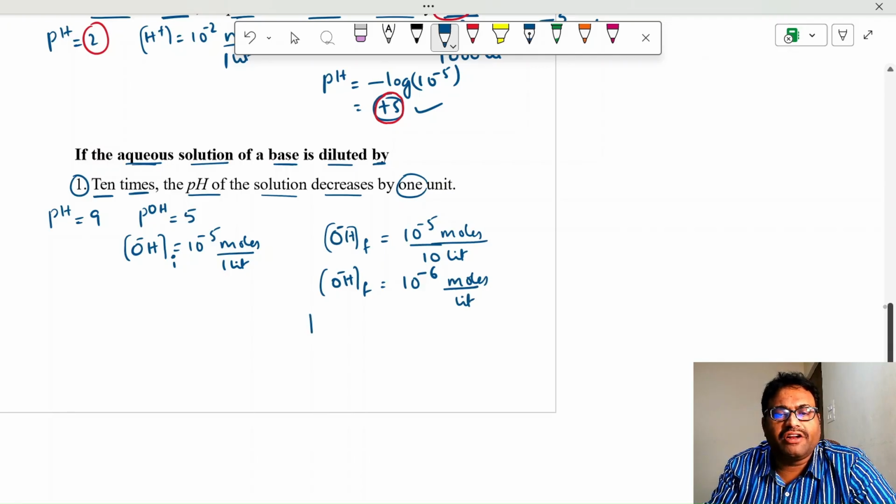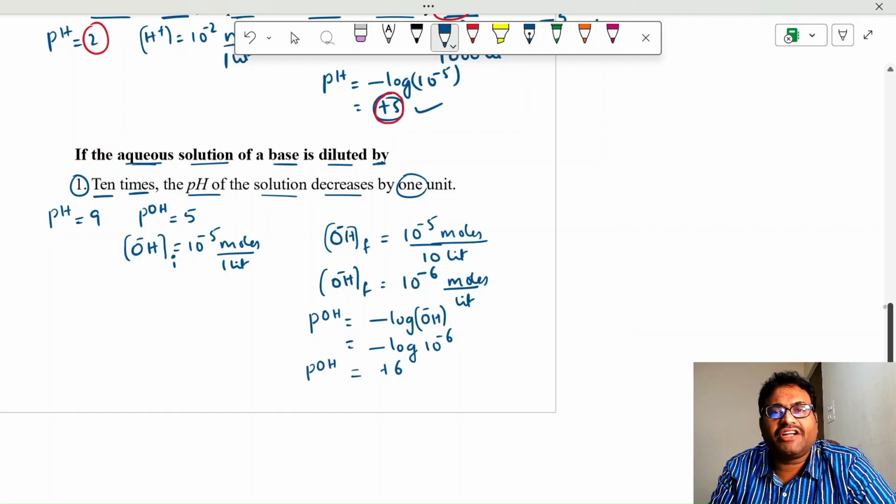Now calculate pOH. pOH is equal to minus log OH minus ion concentration, that is equal to minus log 10 power minus 6, that is equal to 6. So what did you get? pOH. Then convert it into pH. pH is equal to 14 minus pOH, that is equal to 14 minus 6, that is equal to 8. pH final.